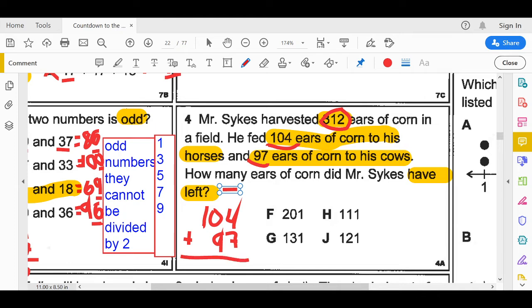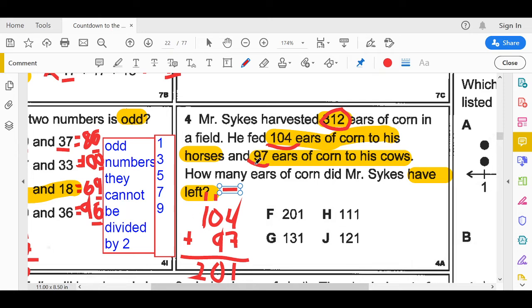Going to combine those numbers. 4 plus 7, that is 11. 1 and I carry 1. 1 plus 0 is 1 plus 9 more, that is 10. So 0 and I carry 1, and 1 plus 1 is 2. So I know that these two numbers combined, that is 201.